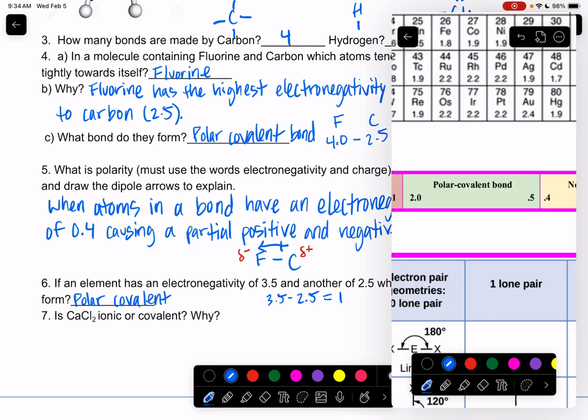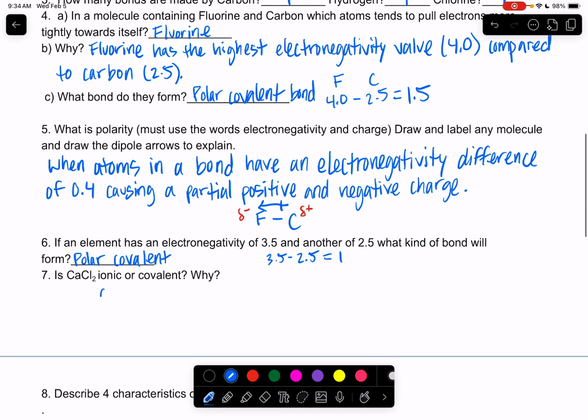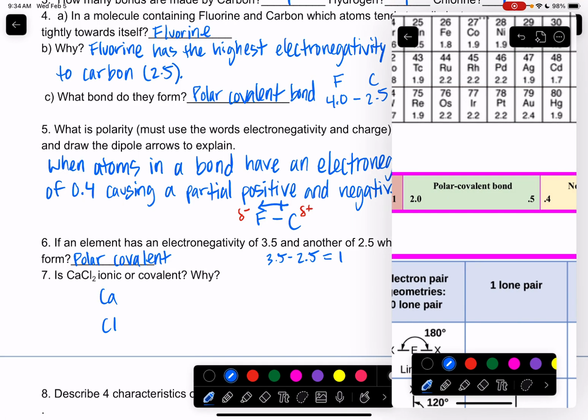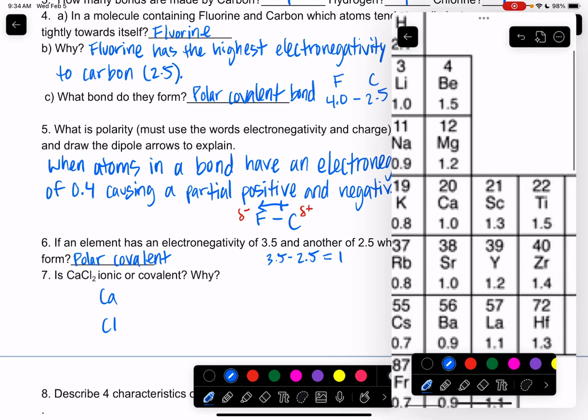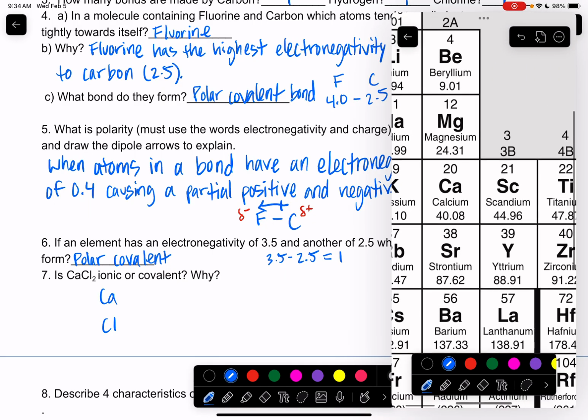All right. Is CaCl2 ionic or covalent? Why? All right, well, let's see. Ca and Cl. So let's figure this out. Ca is over here, let me go back to this periodic table. Ca is here, so it's a metal.